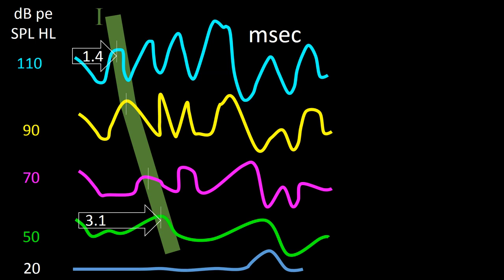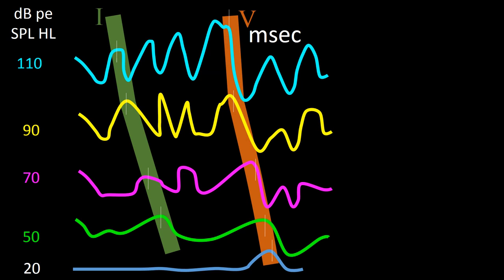As you can see, the latency at 110 dB is 1.4, whereas when we use an intensity of 50 dB, the latency to wave 1 goes to 3.1. So as indicated, the latency to wave 1 at 50 dB is increased in relation to the latency of wave 1 at 110 dB.